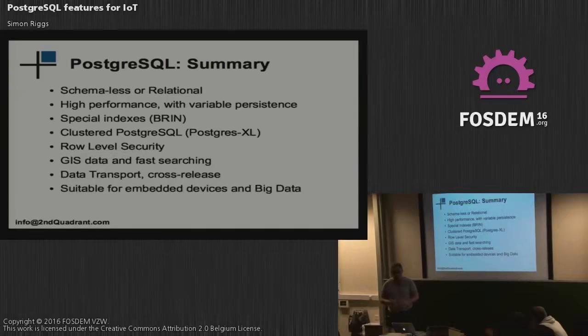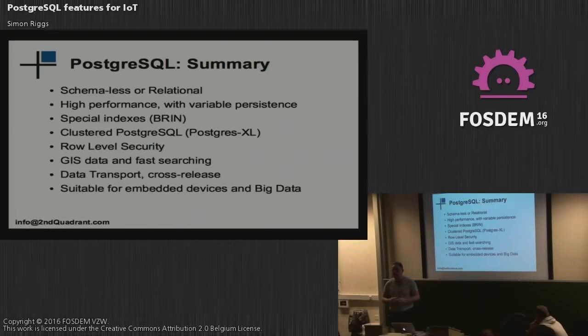I've also discussed the fact that we've got low-level security if you need it, and we've also got integrated data transport facilities to create not just a single server, but a whole distributed data architecture that is appropriate for the Internet of Things.